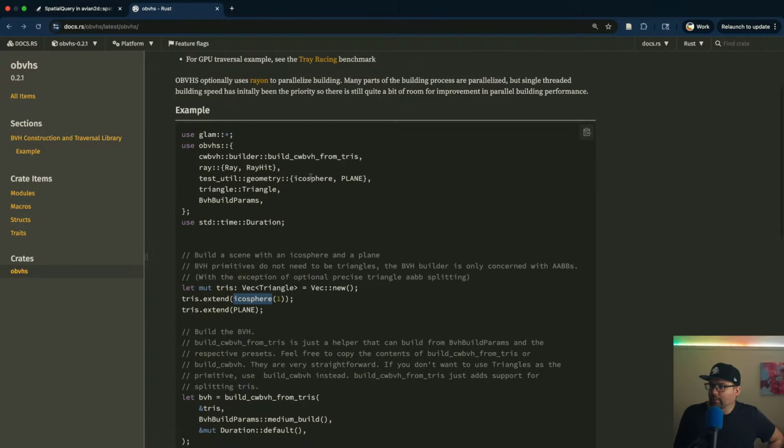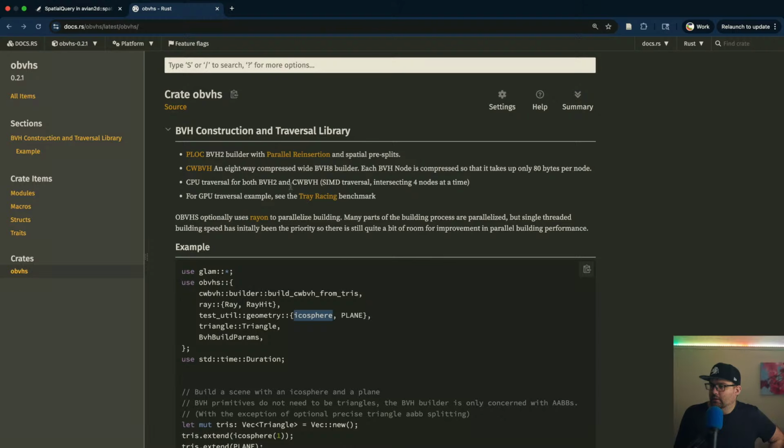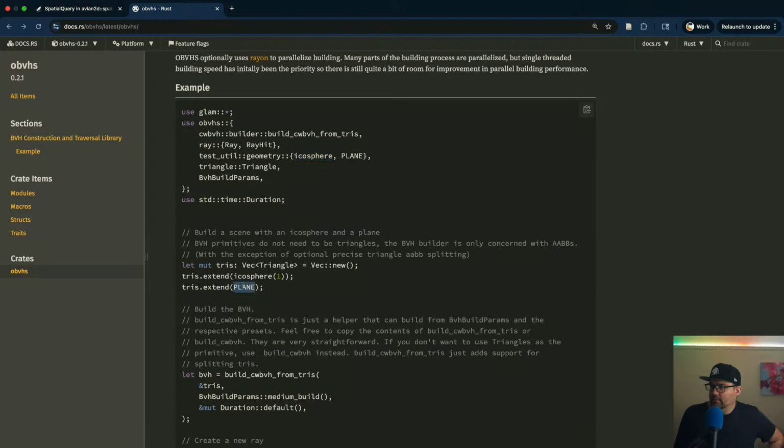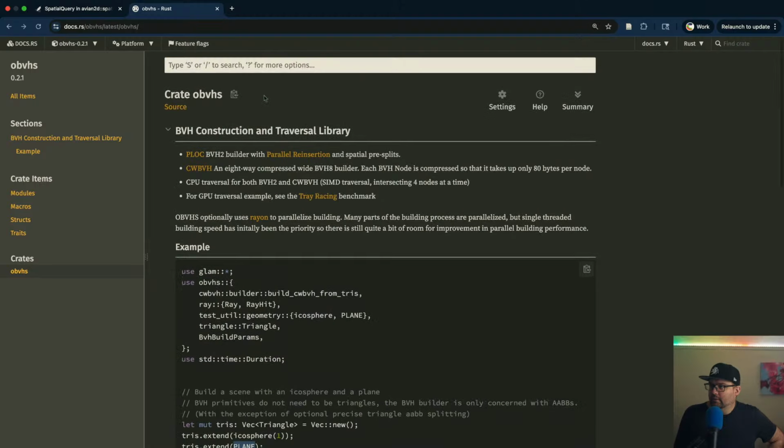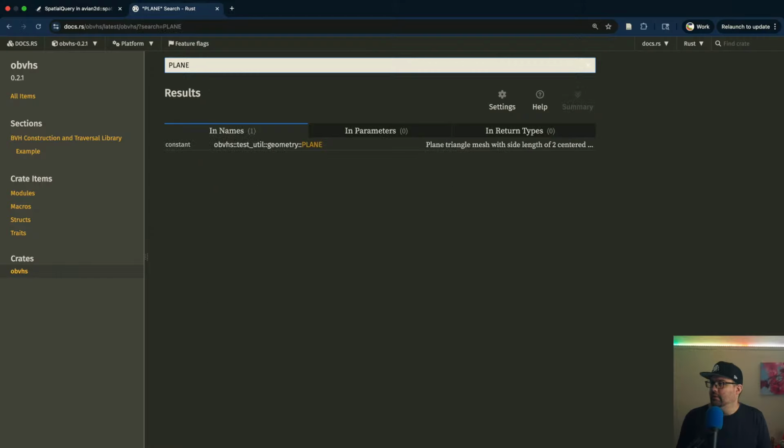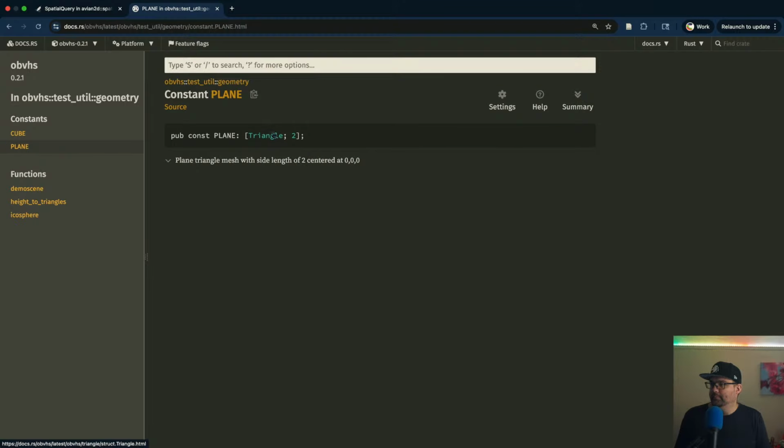This is probably a helper for building an icosphere. Yeah. And this is plane. What is plane, actually? Plane triangle mesh with a side length of 2, centered at 0, 0, 0.